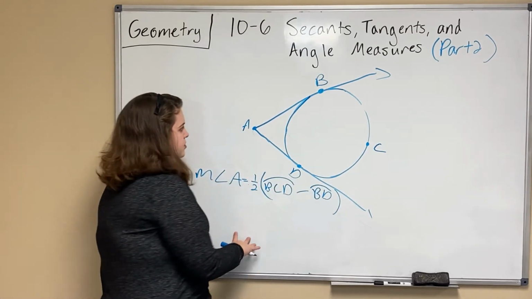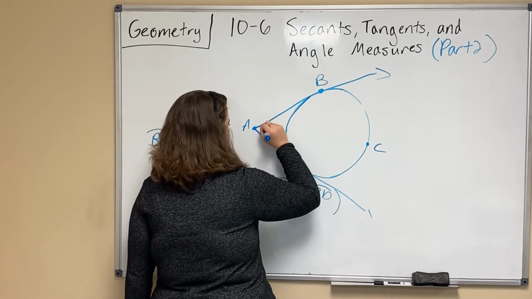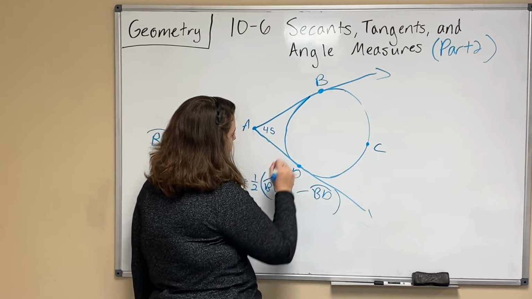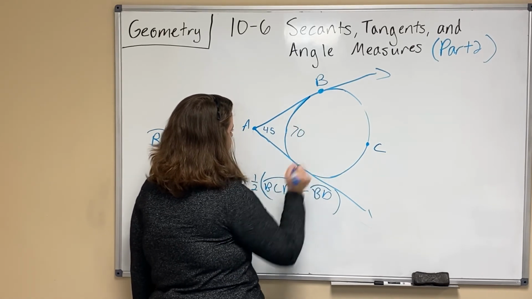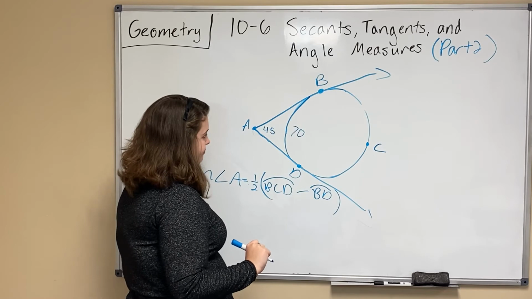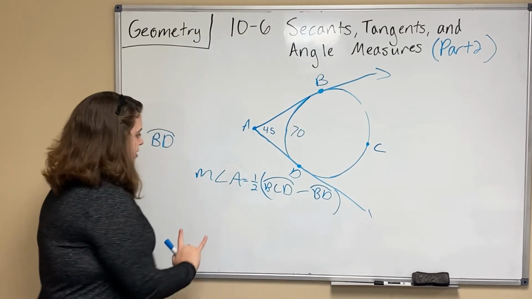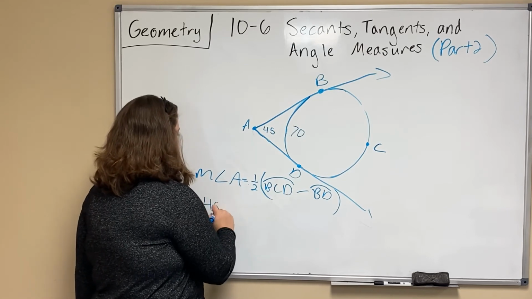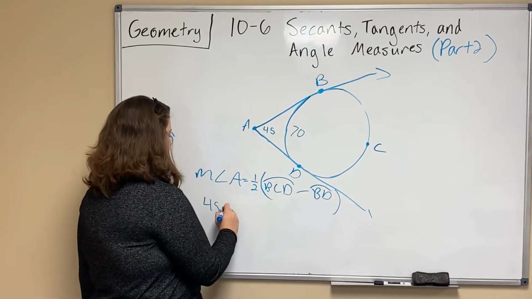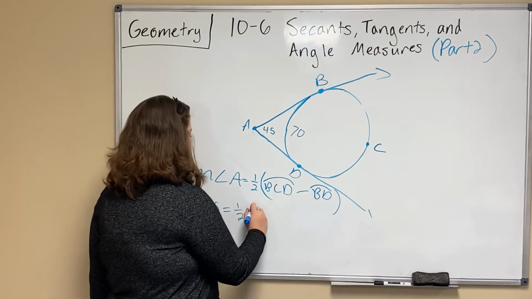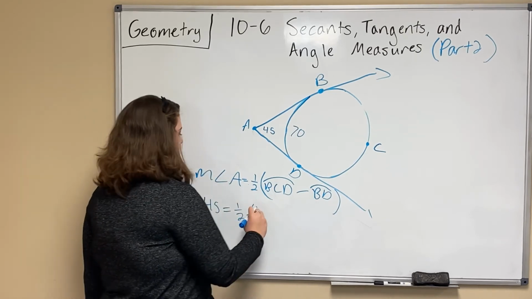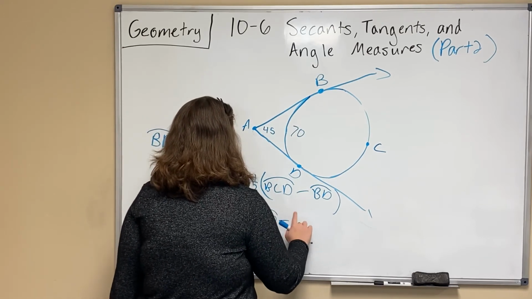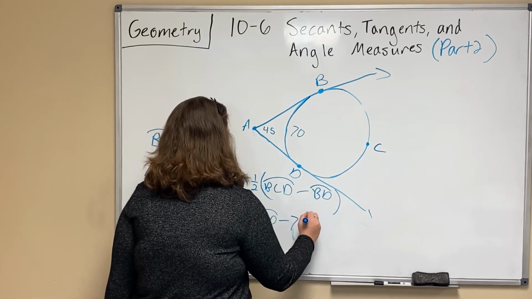So this time, let's try if I gave you that this was a 45-degree angle and this one is a 70-degree angle. Let's try plugging that in. The measure of angle A I gave you was 45 equals 1/2 times BCD minus 70.